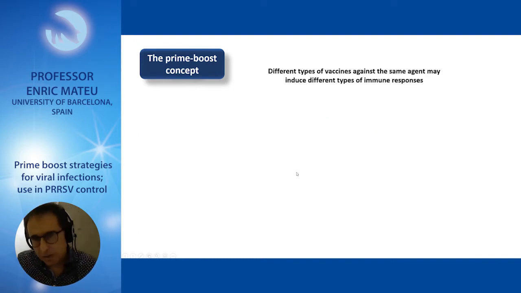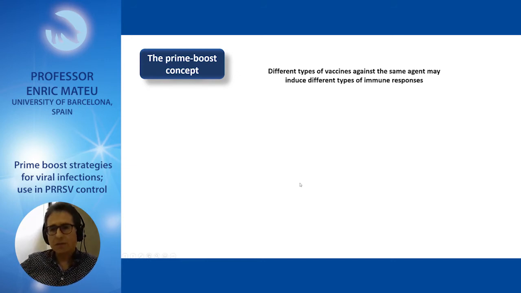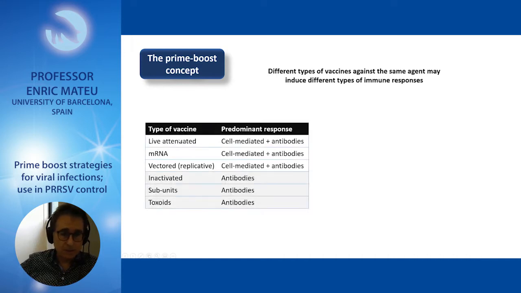Another important point that we have to understand is that different types of vaccines against the same agent may induce different types of immune responses. If we take a look at this table, we can see some of the most commonly used types of vaccines.